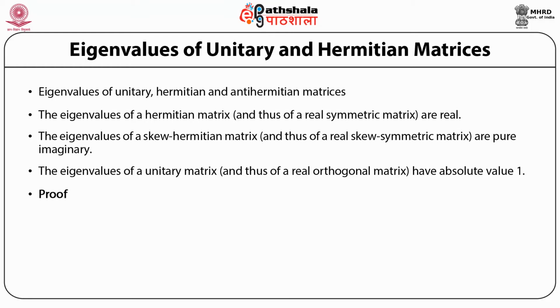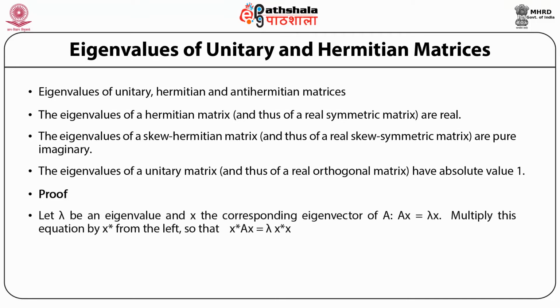Considering the first part of this theorem, let lambda be an eigenvalue and x the corresponding eigenvector of A. So the characteristic equation will be A times x is equal to lambda x. Multiplying this equation by x star from the left, so that x star into Ax is equal to lambda times x star into x.